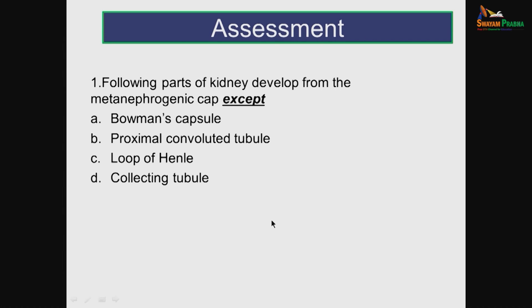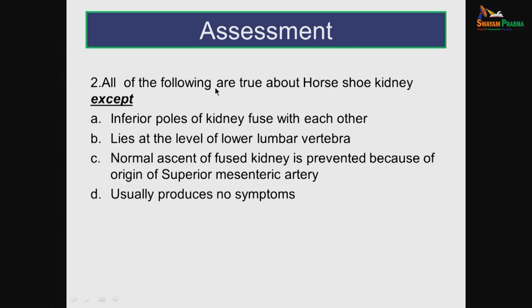We will move to the next question. All the following are true about horseshoe kidney, except: inferior poles of the kidney fuse with each other; lies at the level of lower lumbar vertebra; normal ascent of fused kidney is prevented because of origin of superior mesenteric artery; usually produces no symptoms.